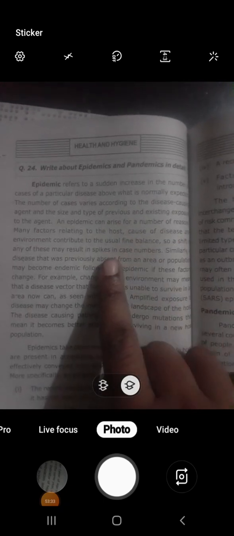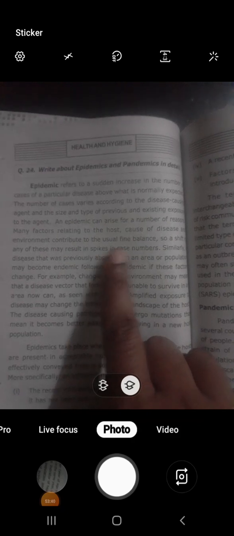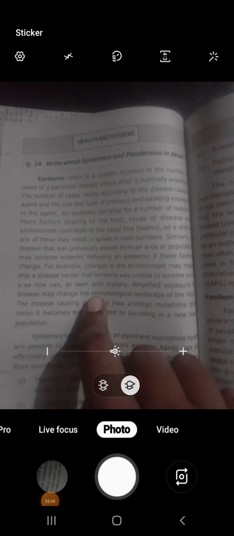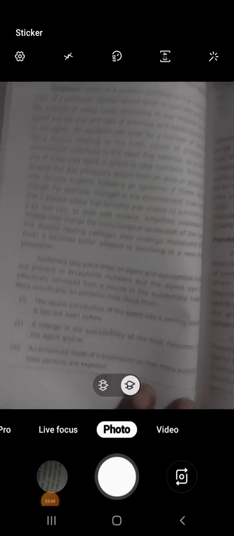Epidemics and pandemics: what is an epidemic, and what is the Disaster Management Act. An epidemic is an increase in the number of cases of a disease, unexpected spikes in case numbers due to the environment. Malaria, for example, comes under this.